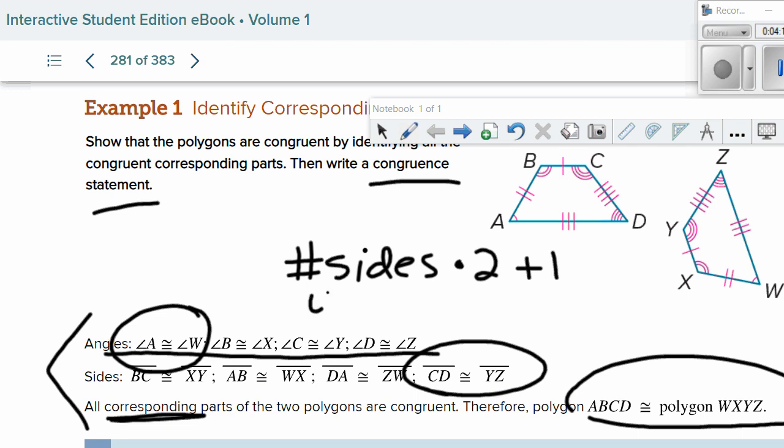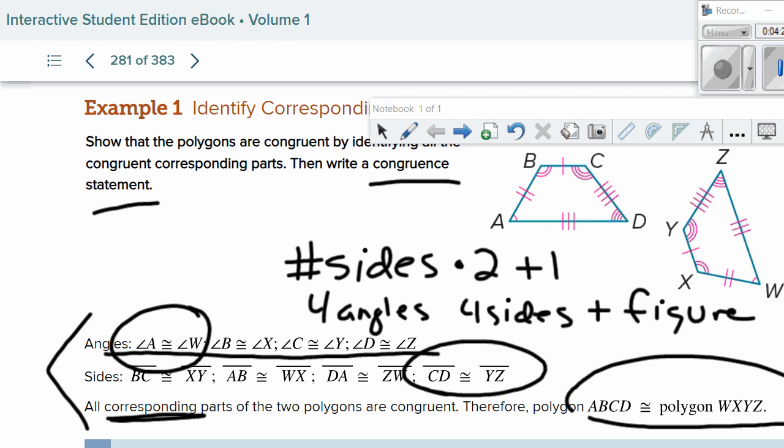So it was 4 angles, 4 sides, and then you had the figures, the two trapezoids together. So that gave me 9 pieces here, 4 angles, 4 sides, and the figures, 9 different pieces to make that up. So if I had a triangle, it would be 3 sides multiplied by 2, and then add 1. That's the number of pieces I have to write.